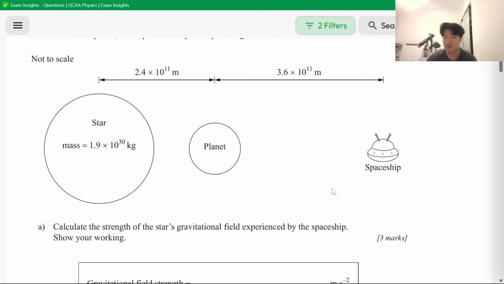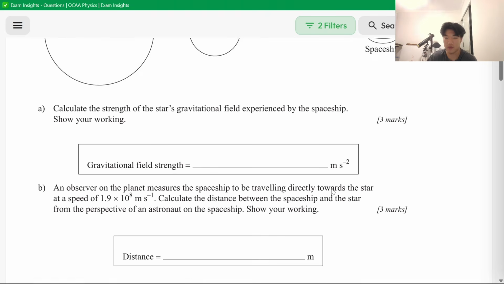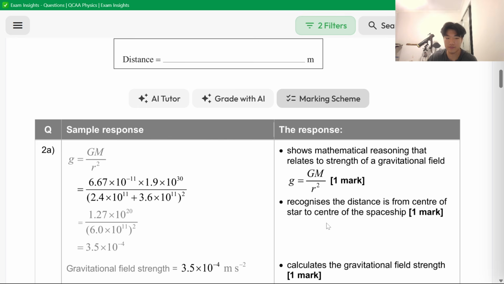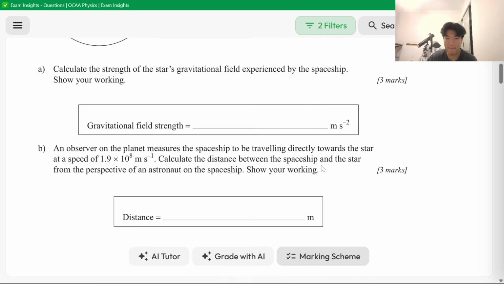See, in this question, they do actually have two significant figures. See, that's what worries me. I don't know.